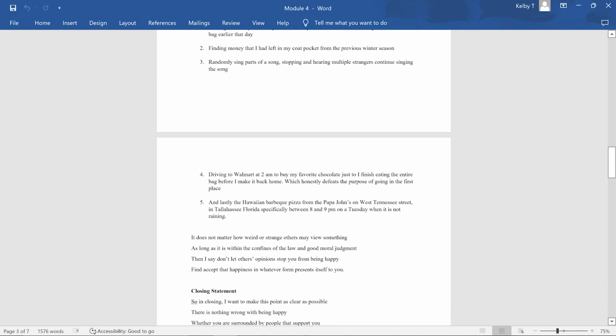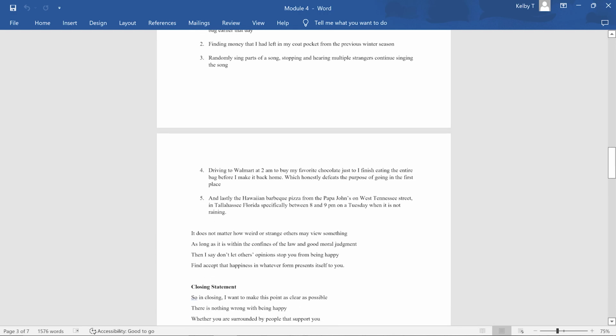Number four, driving to Walmart at 2 o'clock in the morning to buy my favorite chocolate just to finish the entire bag before I make it back home, which honestly defeats the purpose of me going out in the first place. And number five, lastly, the Hawaiian barbecue pizza from the Papa John's on West Tennessee Street in Tallahassee, Florida, specifically between 8 and 9 p.m. on a Tuesday when it's not raining.